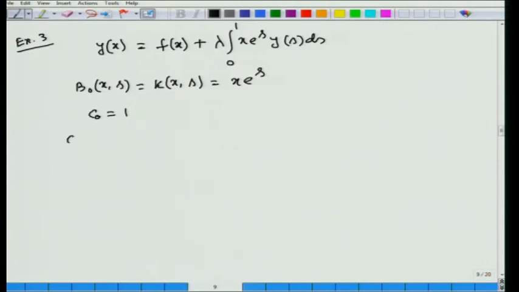So, now we can calculate c1, this is equal to integral 0 to 1 x e to the power x dx. Evaluating, you can find e to the power x into (x minus 1) with limits 0 to 1, and this will result in 1.